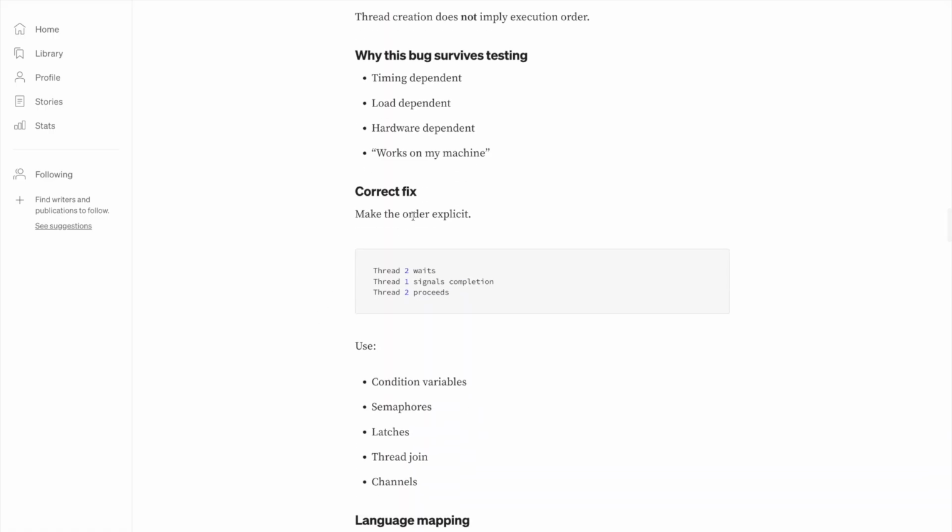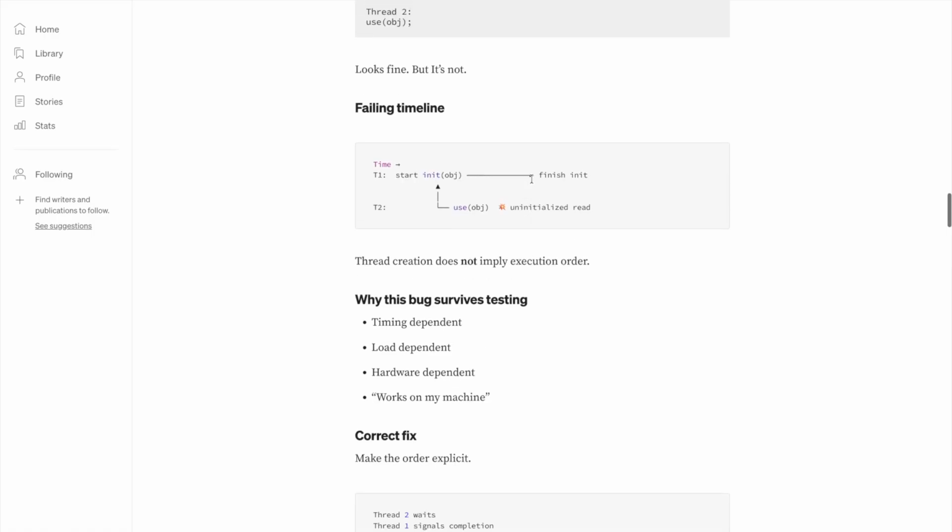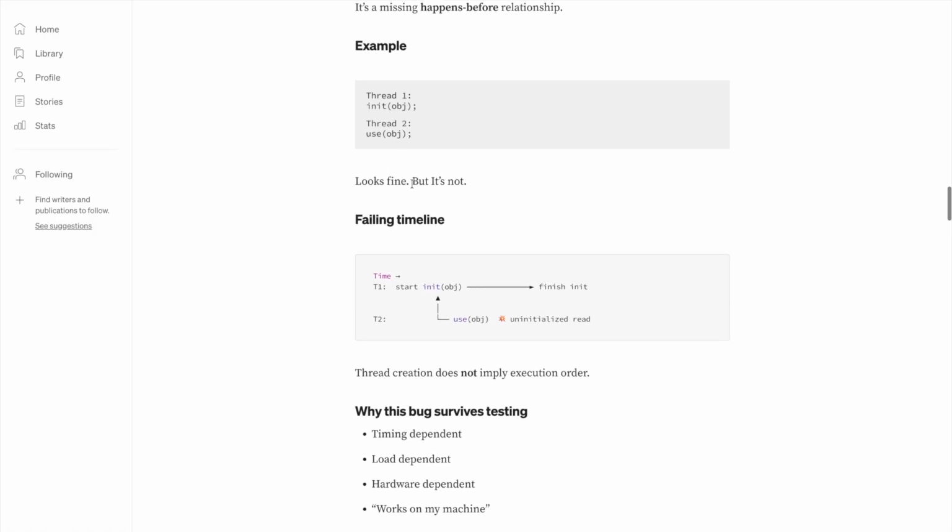A very simple fix is that thread 2 should wait until thread 1 signals completion. Once thread 1 says, hey, I'm done, now you can go ahead, then only thread 2 can proceed. You can sequentialize those steps. I'm not saying you should always use sequential steps, because that's not good for performance.